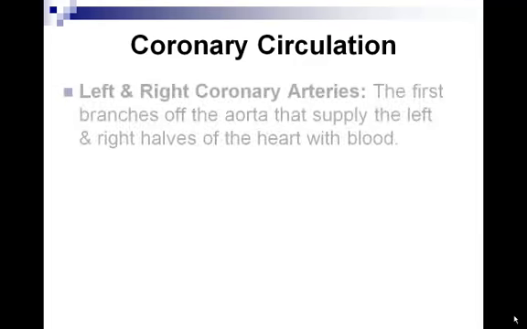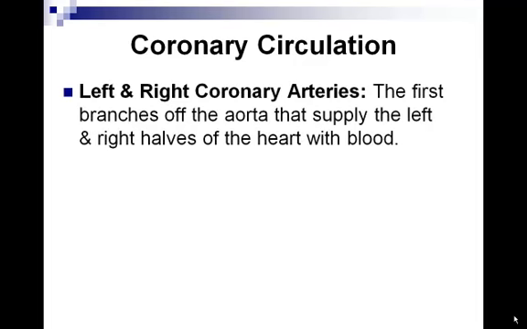Okay, well, there's one other kind of circulation in the heart, and that is coronary circulation. Coronary circulation is the actual feeding of blood and nutrients to the heart muscle. And the heart takes care of itself first. It's got its own little private circulatory system called the coronary circulatory system. And this branches right off the aorta. The very first branch off the aorta supplies blood to the left and right halves of the heart.